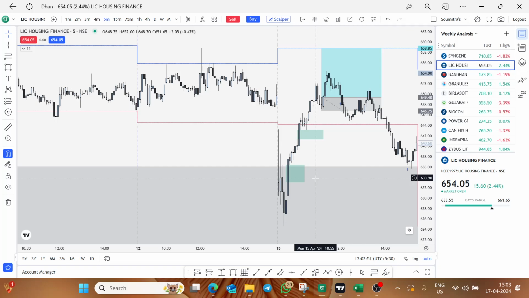So it is very unlikely that price will break this low. So instead of taking this loss, what will happen if I just buy more of this stock from this fair value gap? So I put another order here, as you can see.